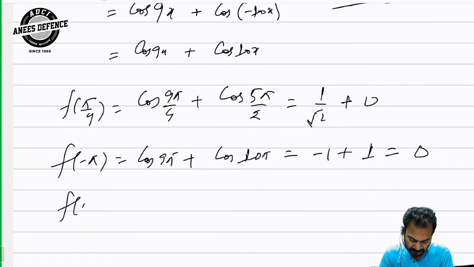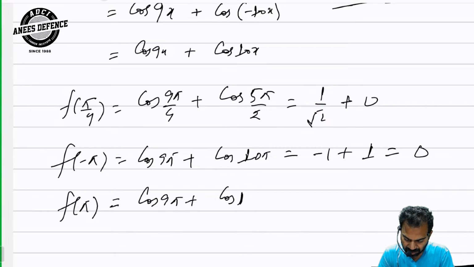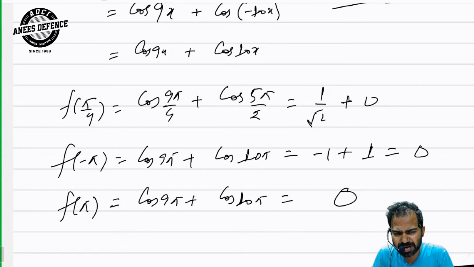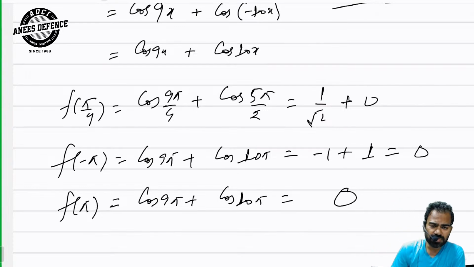Now the f of pi, cos of 9 pi, again cos of 10 pi, again it will be 0. At minus pi and at pi both are 0.